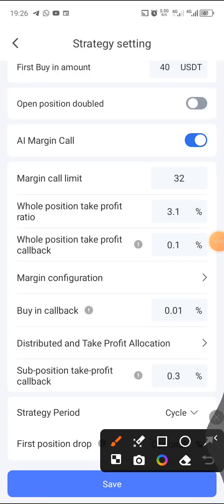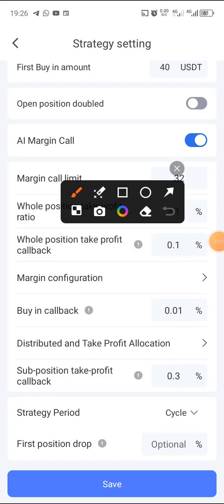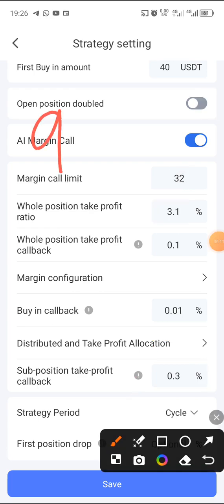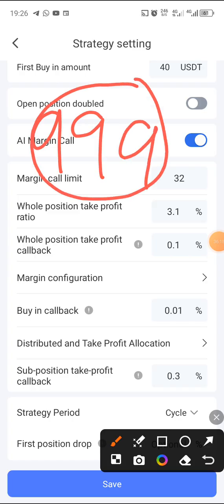There are several other things here, as you see. The sub-position take profit callback. What is the sub-position take profit callback? Remember, I told you that our robot can buy as many margin calls as 999 margin calls.